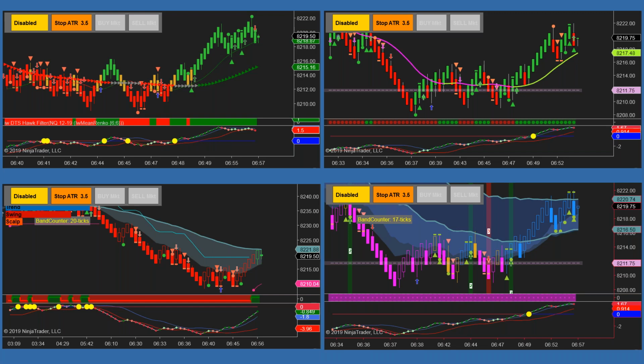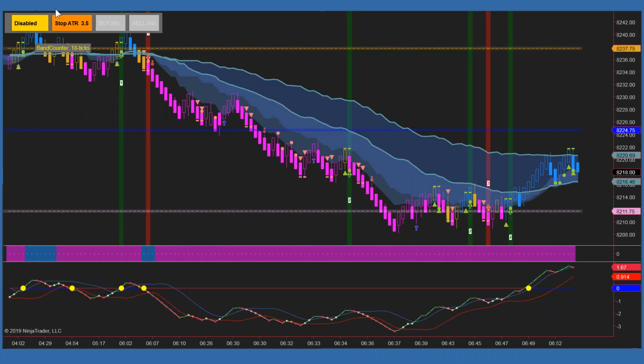But the point I'm trying to make here is that even if your charts don't look exactly like mine, it doesn't matter. I could change my settings here on my Raptor and still produce signals. I'm not going to dial it up to 20 because we're not going to get any signals here.